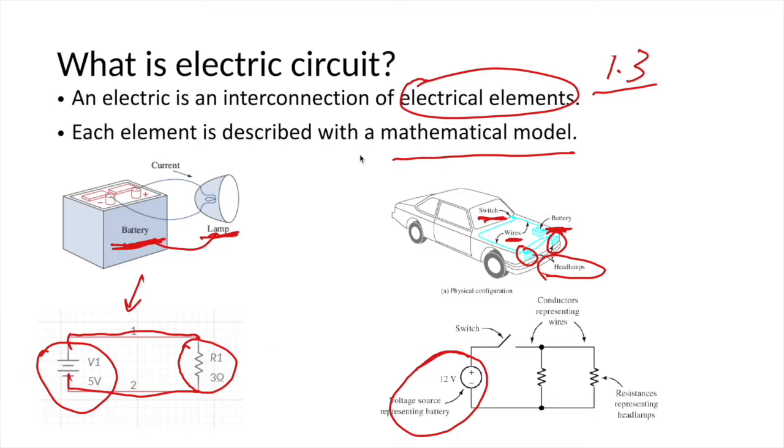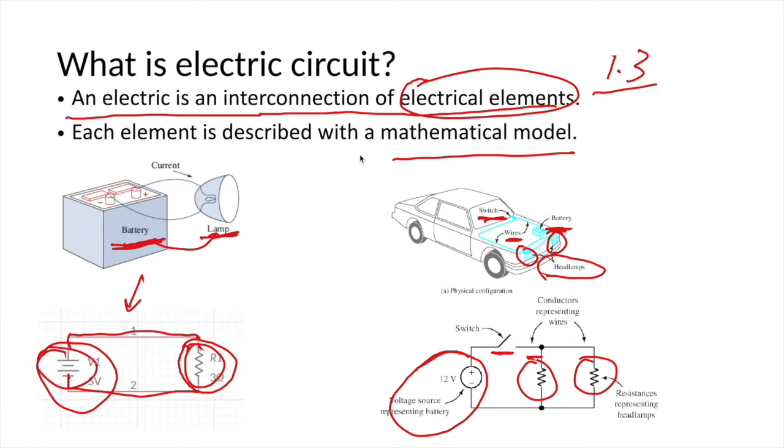We also have the model for the switch, and we use two resistors in parallel to represent the headlamps. So the electric circuit is an interconnection of electrical elements. The elements here can be the resistor, or it can be the power supply, the voltage source.